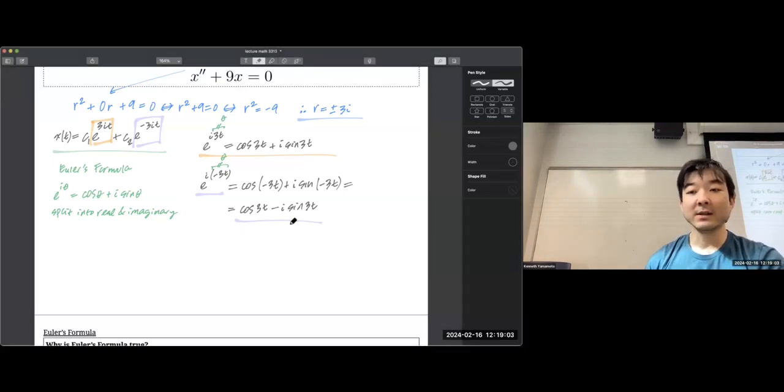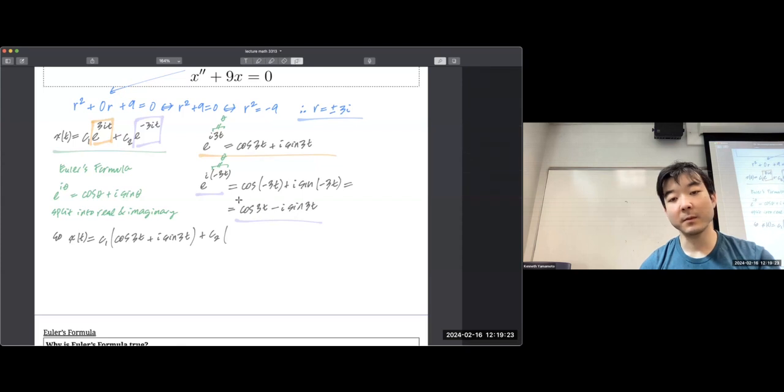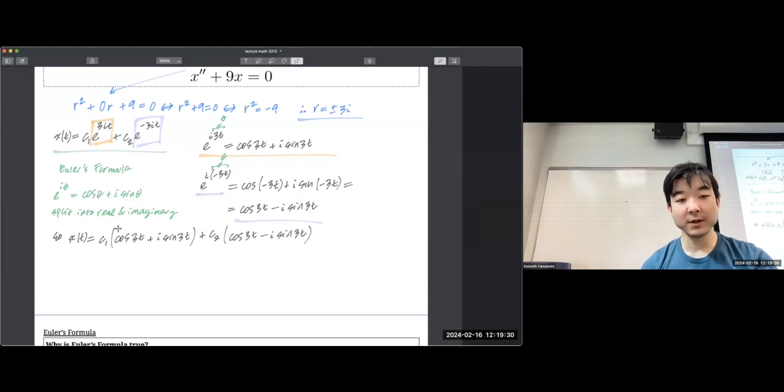Our x of t is equal to C1 times all of this, our orange complex exponential, plus C2 times the purple exponential, which was this. I'll just copy and paste that. So you have these two, this one our orange one, and this one our purple one.